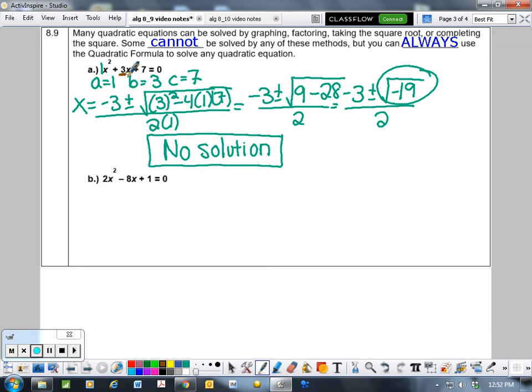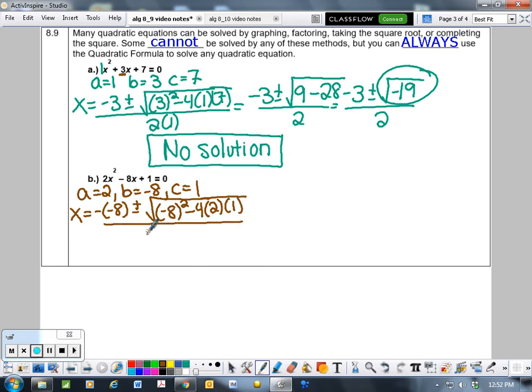Okay, so next one, a equals 2, b equals -8, c equals 1. So our x value is going to be -b, so -8 becomes +8, plus or minus the square root of b squared minus 4 times a times c all over 2 times a.